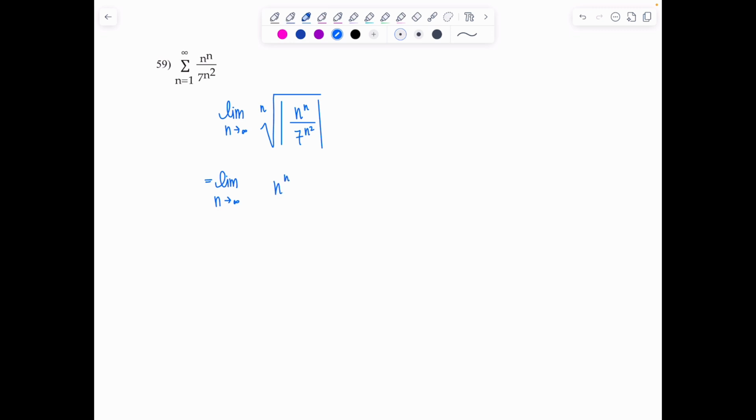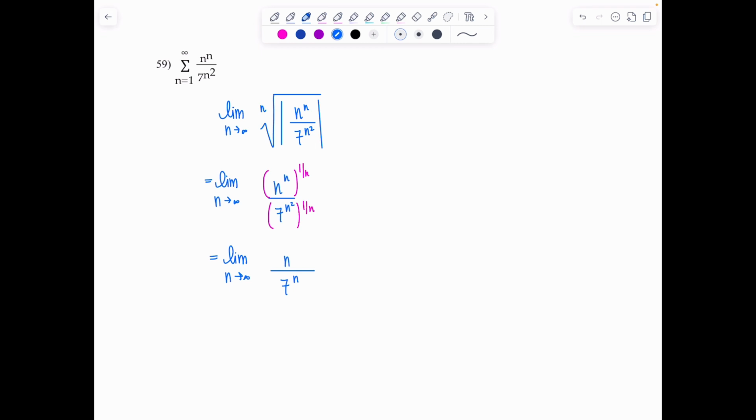So you have n to the n over 7 to the n squared, and each of these gets raised to the 1 over n. When I simplify, I multiply these exponents, and they just cancel. So this is limit n goes to infinity, just n up top. And down here, you've got n squared times 1 over n. So one of the n's is going to cancel, but I still have 7 raised to the n there.